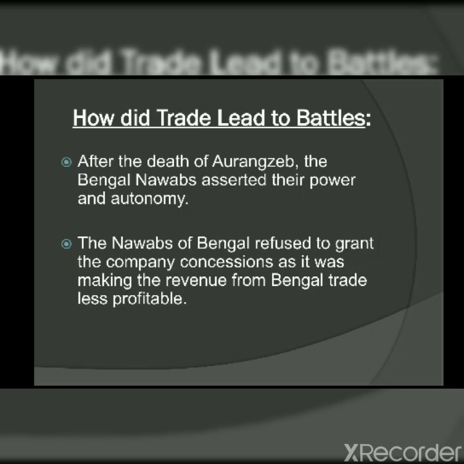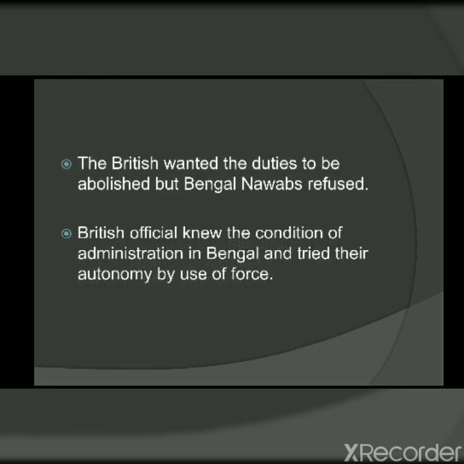The Nawabs of Bengal refused to grant the company concessions as it was making the revenue from Bengal trade less profitable. So why did they refuse to give them any concession? Because it was less profitable for Bengal. The British wanted the duties to be abolished, but the Bengal Nawabs refused. British officials knew the condition of administration in Bengal and tried to challenge their autonomy by use of force. So what happened, children?